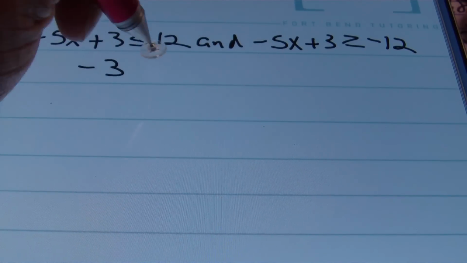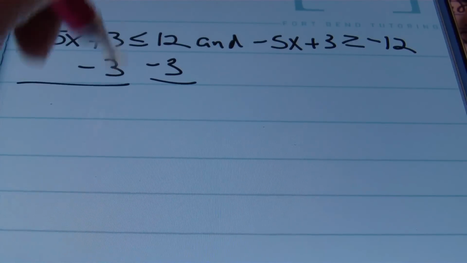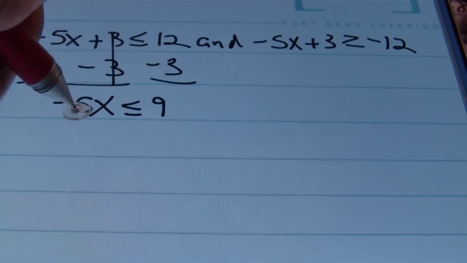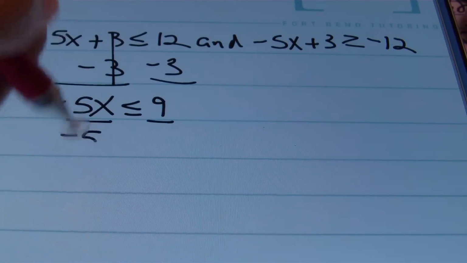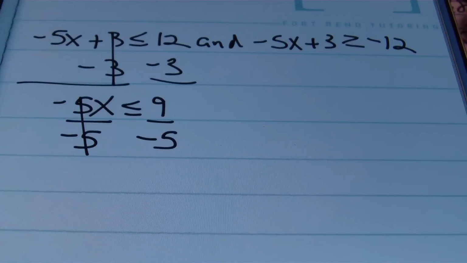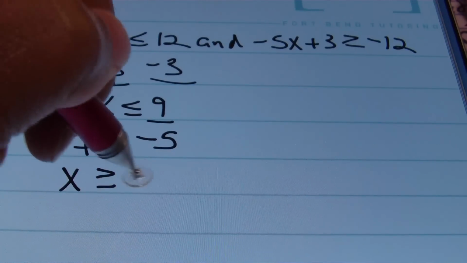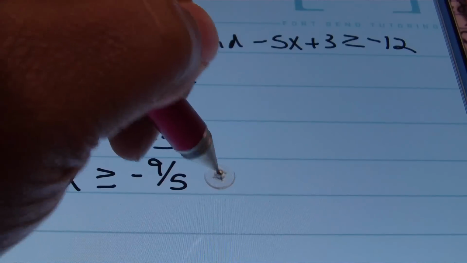I'll subtract 3 to both sides of the first inequality. I'll bring down negative 5x, which is less than or equal to 9, and then I'll divide both sides by negative 5. Remember that anytime you divide or multiply both sides of an inequality by a negative value, you'll need to change the direction of the inequality symbol. So I'll end up with x being greater than or equal to negative 9/5.